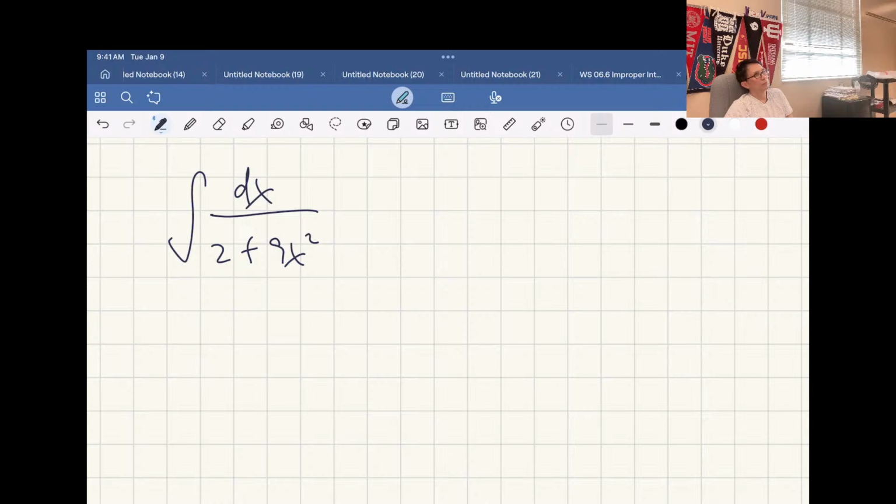Do you take d? No, d. u equals 3. Yeah, but I'm thinking I can use substitution for the last one. Why wouldn't you put u then?